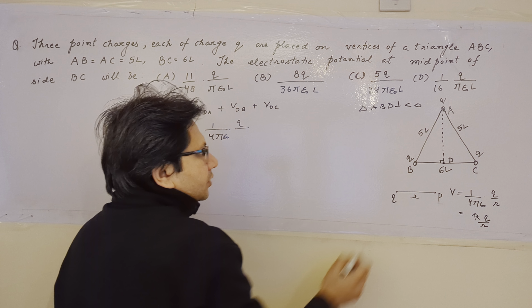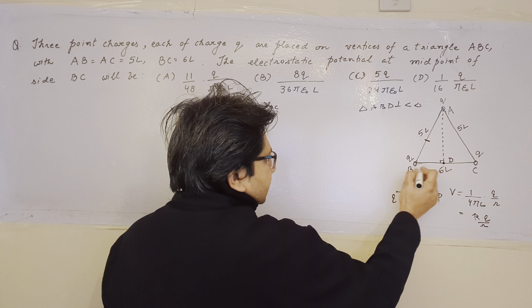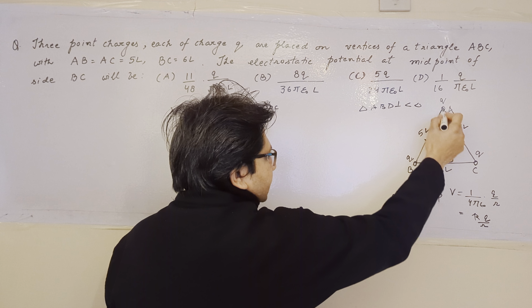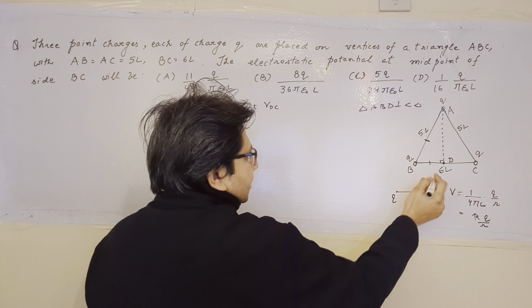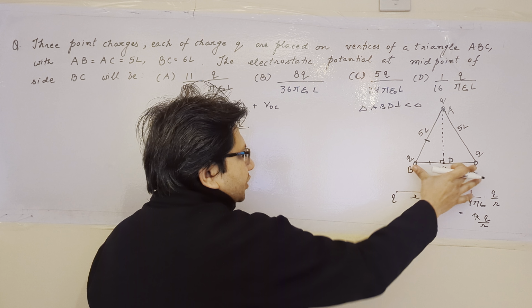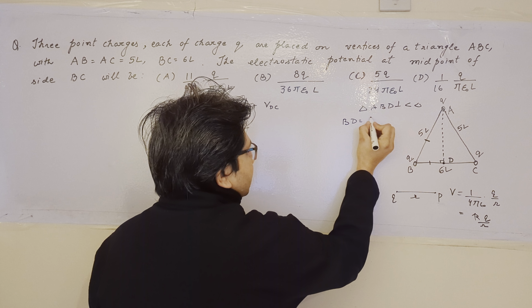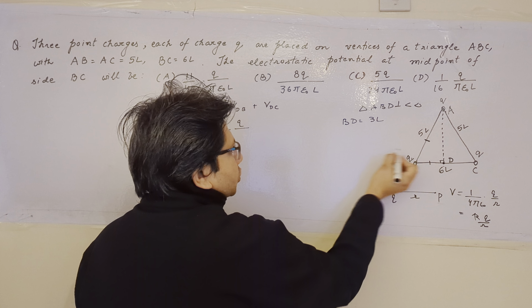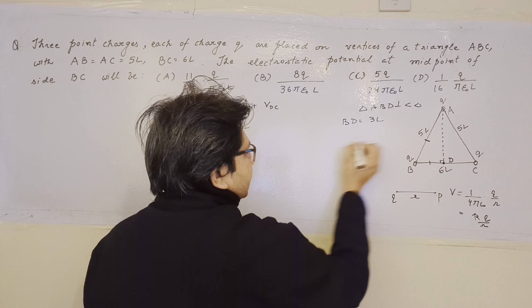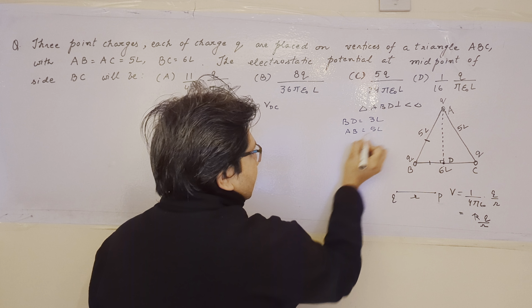In this triangle, AB is the hypotenuse, BD is one side and AD is the other side. BD is half the length of BC, so if BC is 6L, then BD is equal to 3L, and AB is equal to 5L.